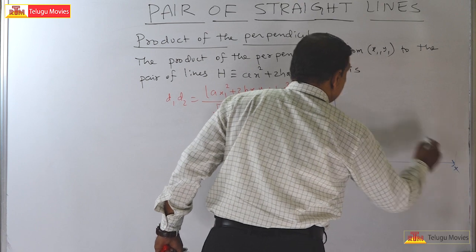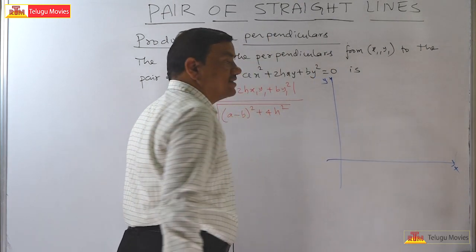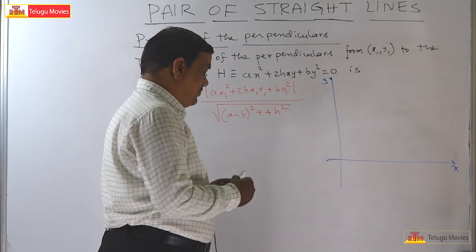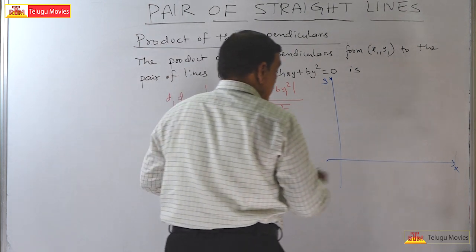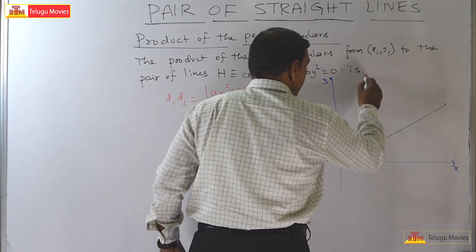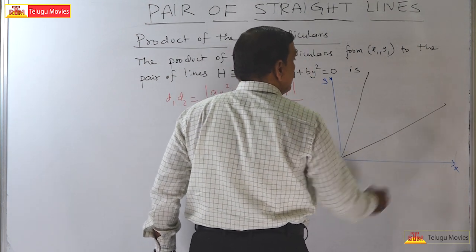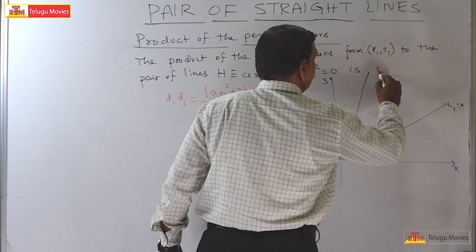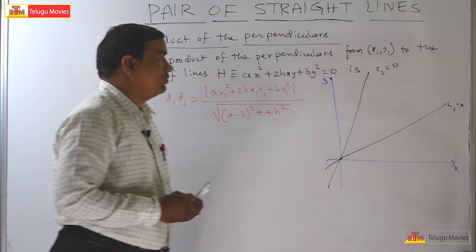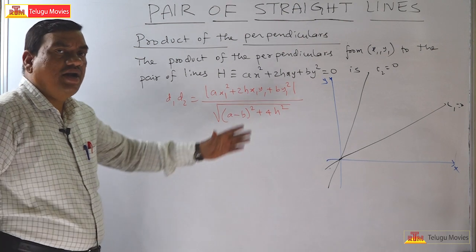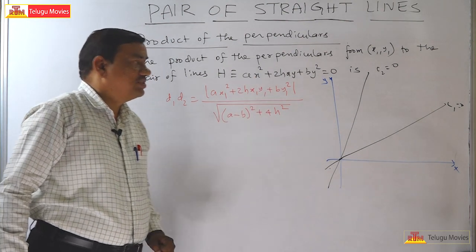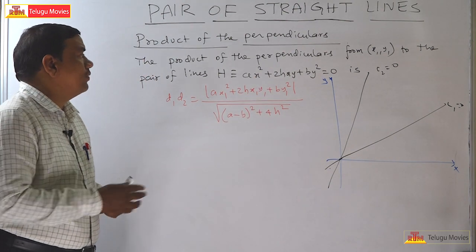So, this is an x axis and a y axis. Let us take these 2 lines passing through the origin. This is L1 is equal to 0, this is L2 is equal to 0. There are 2 lines. Their combined equation is ax square plus 2hxy plus by square is equal to 0.